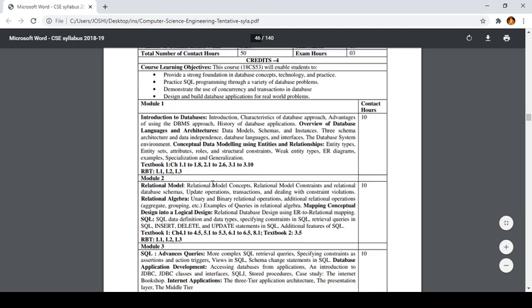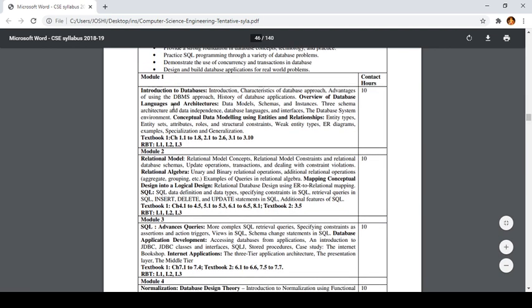So you have got 5 models. I will brief the 5 models details. Introduction to database.